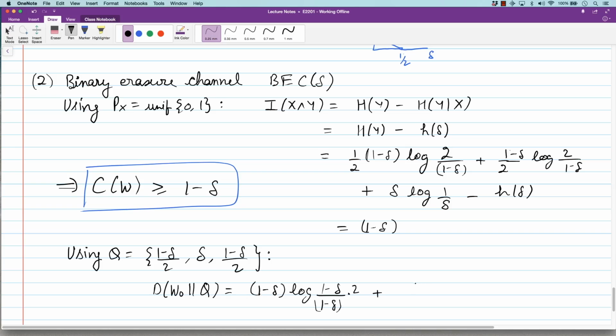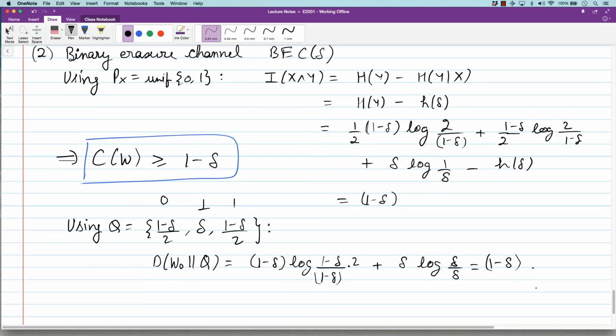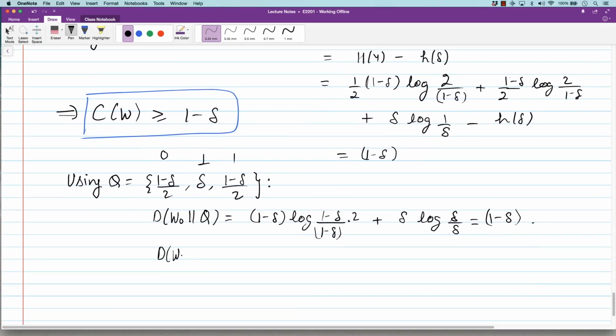It takes the value erasure with probability delta, and Q also has delta. Under W0 you never take the value 1, so there's nothing there. So if you write it out, you just get 1 minus delta. Similarly, the divergence between W1 and Q is also 1 minus delta.